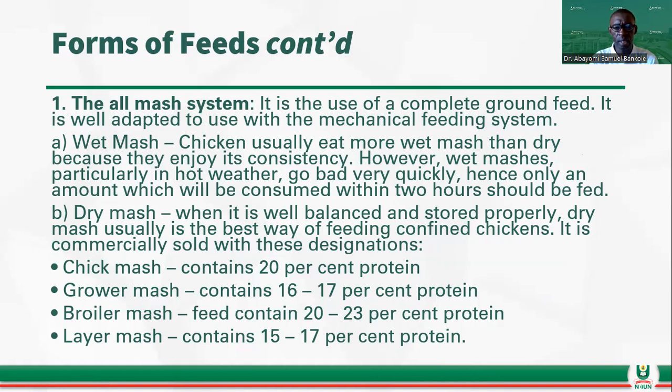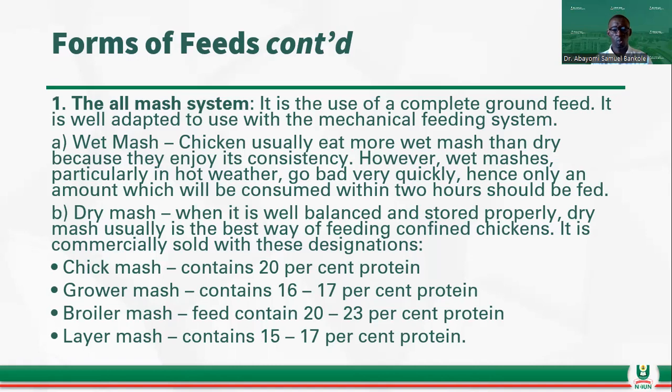Under this, chicken usually eat more wet mash than the dry because they enjoy its consistency. However, wet mashes, particularly in hot weather, go bad very quickly. Hence, only an amount which will be consumed within 2 hours should be fed.